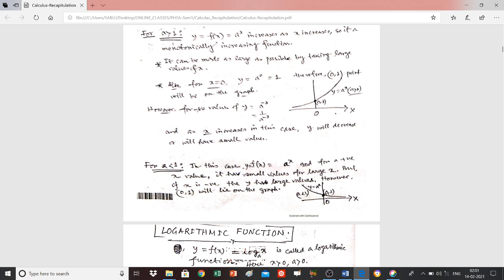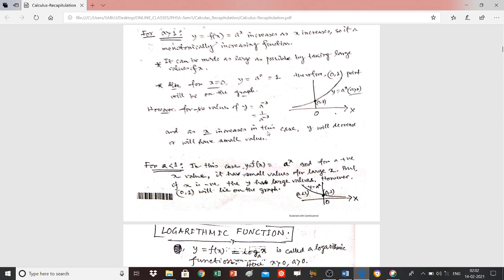However, for negative values of x it will be higher, because in this case it is 1 by a to the power x, and a is a very small quantity. Here is an error in what is written. It would be 1 by a to the power minus x, sorry, it would be a to the power x.